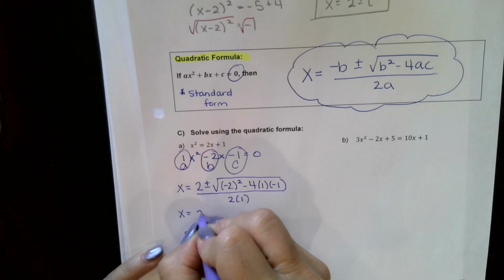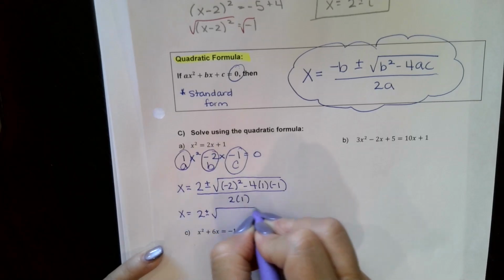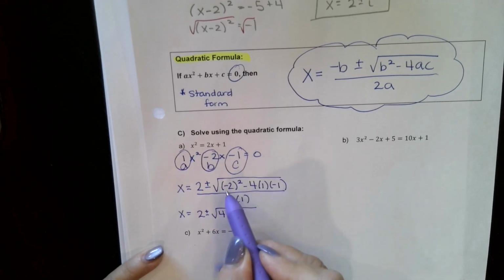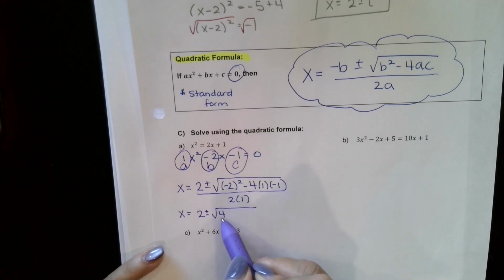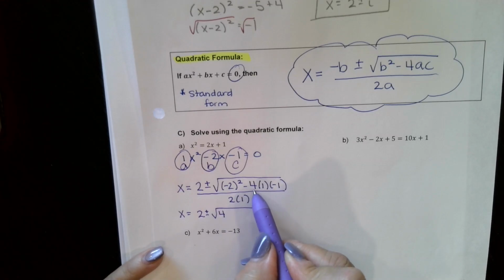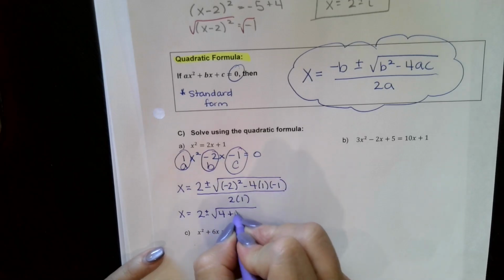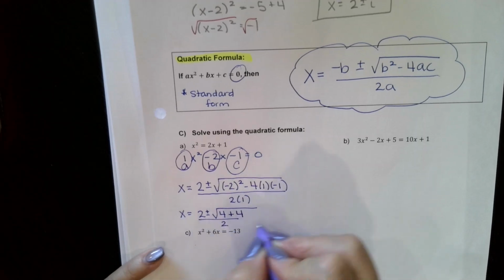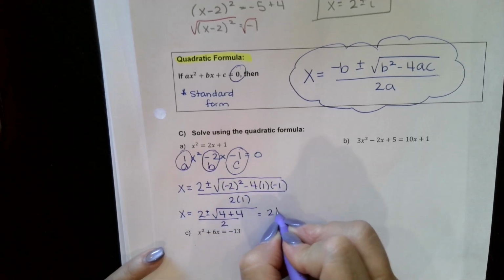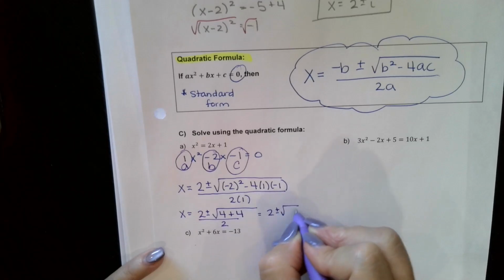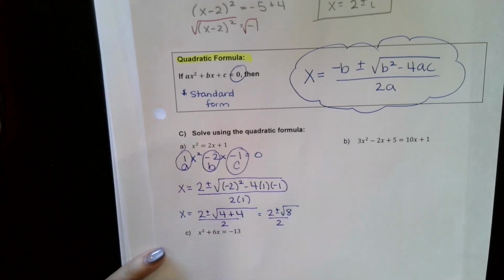So what I have is 2 plus or minus the square root of 4. So negative 2 squared is 4. And then here I have negative 4 times negative 1, which is a positive 4, over 2. So I get 2 plus or minus the square root of 8 over 2.